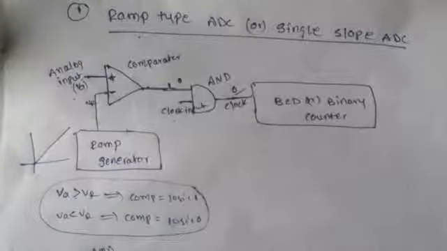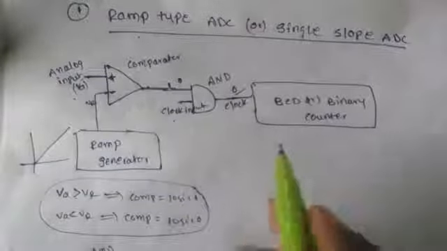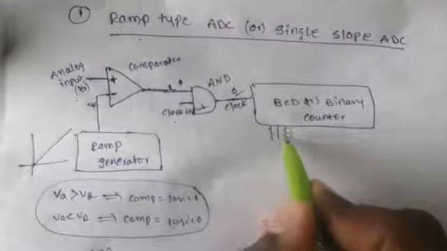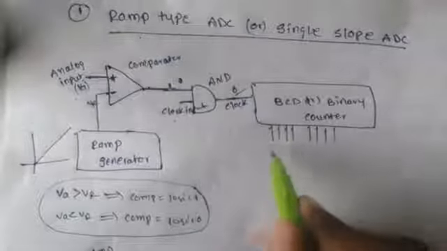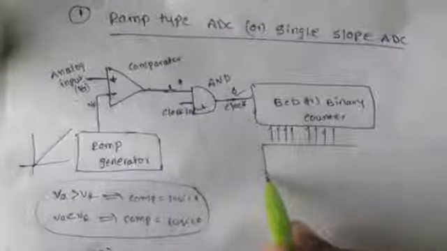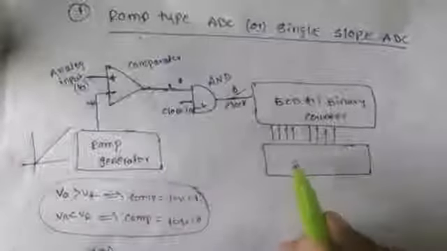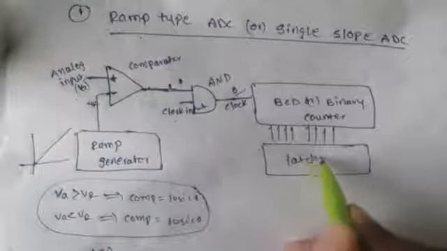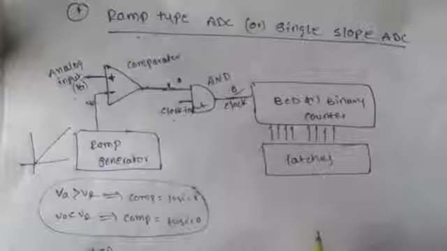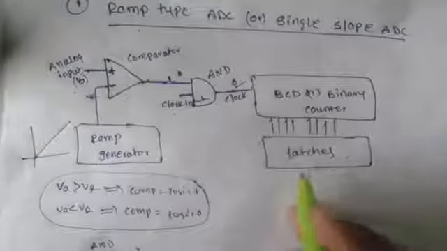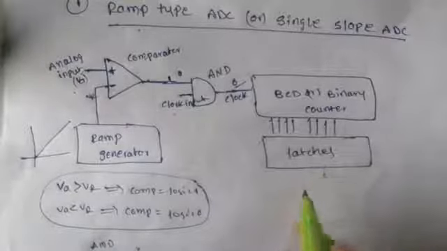It counts and stores. To store the binary counter output, we additionally connect a latch circuit. A latch is a 1 bit storage element. To store each and every bit, we connect latches in series.